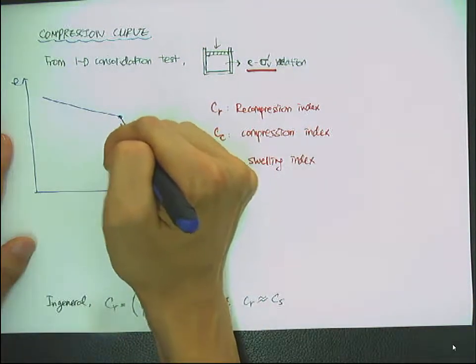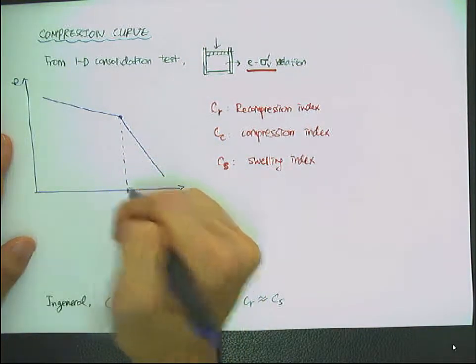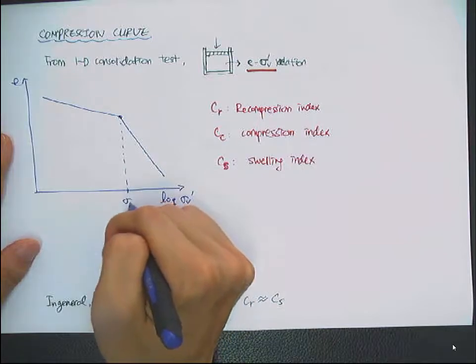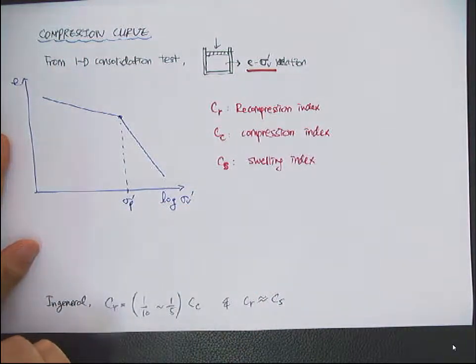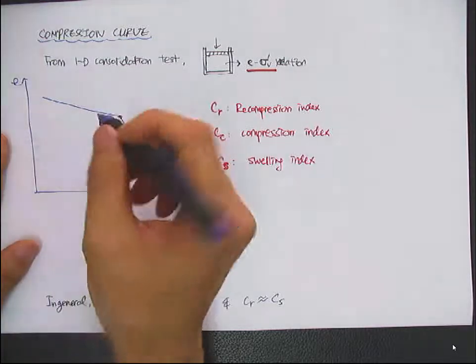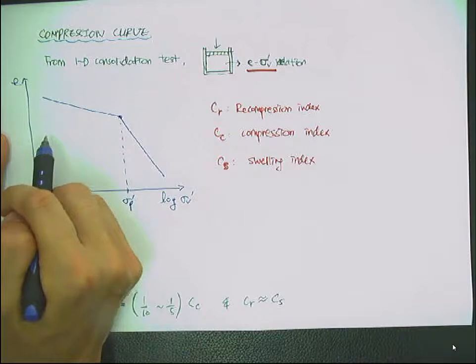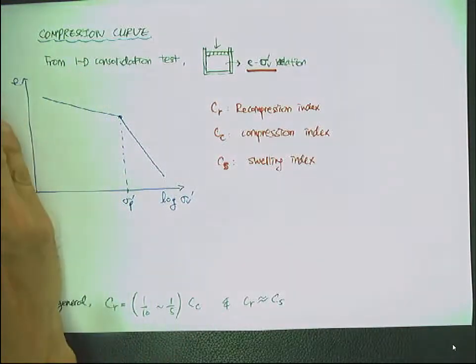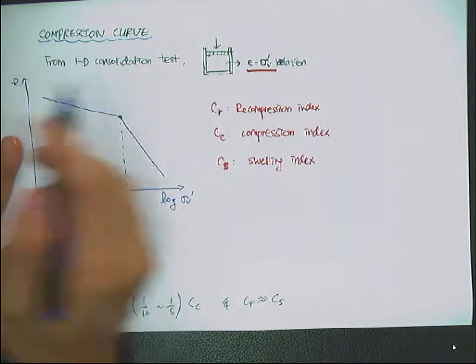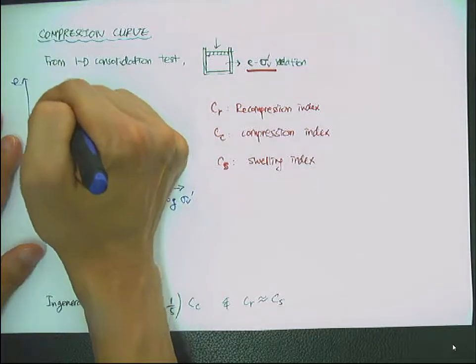And here the threshold deflection point is sigma p prime, the pre-consolidation stress. And when we apply stress below sigma p prime, this is called a recompression curve.